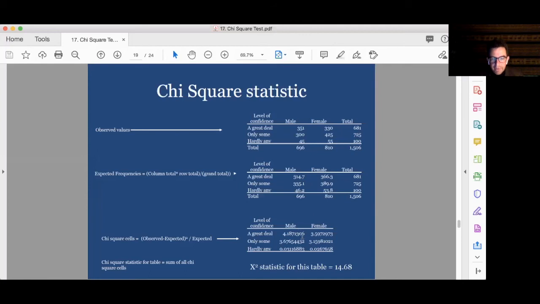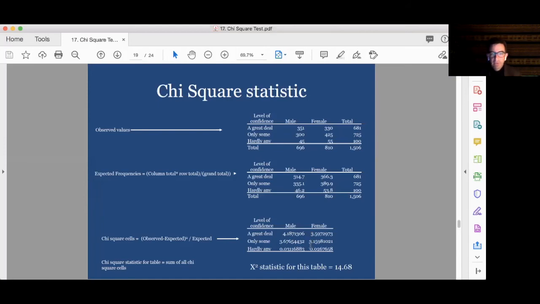So for this one, this 418.7, you would get it by taking the observed, which is 351, minus the expected, 314.7, squaring that difference, and then dividing by 314.7. If you do that, you will get 418. And you do that for every cell.